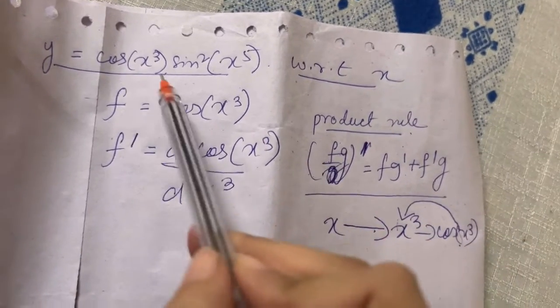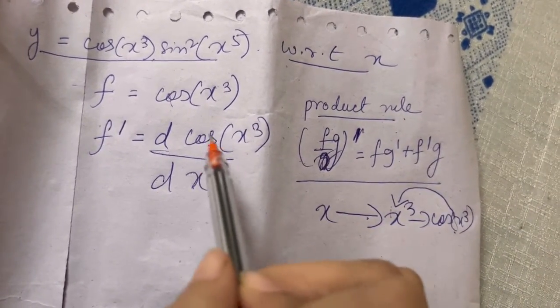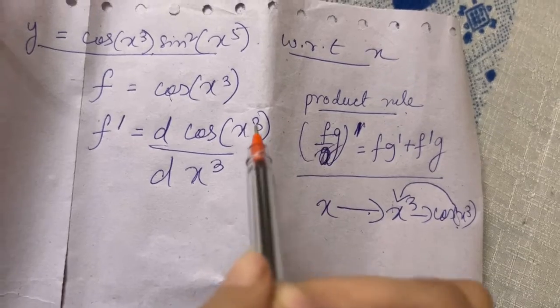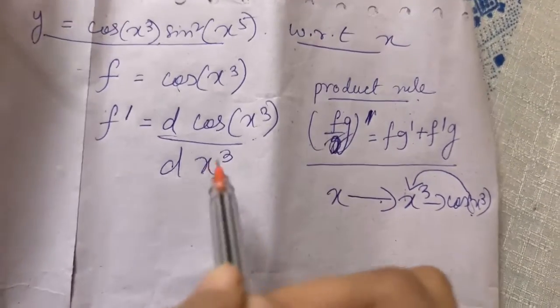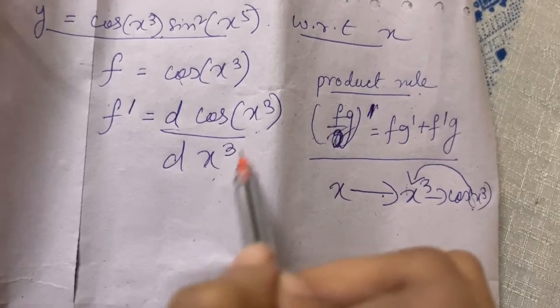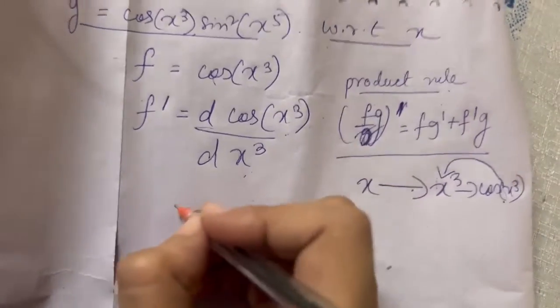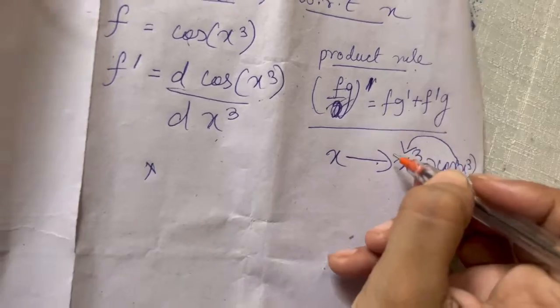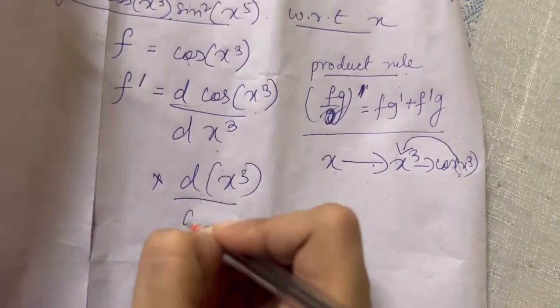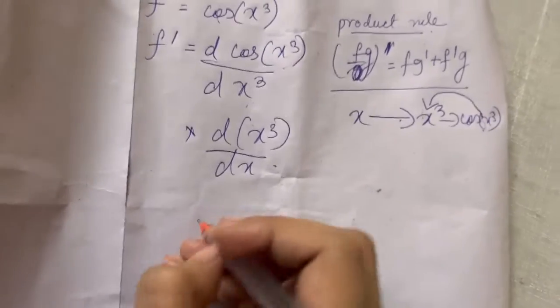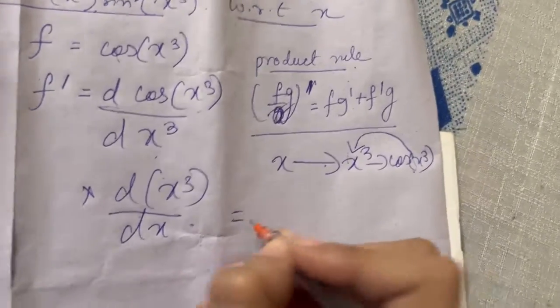But can we directly do it? Not really, because cos is a function of x cube, not x. If it is a function of x cube, then the differentiation can only be done with respect to this. But you can again multiply this term. We will go to the next part, which will be d x cube with respect to x, so we are on the way to find out.